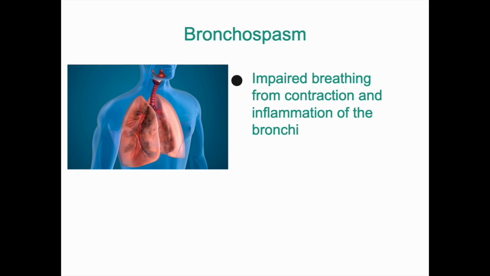A bronchospasm is a condition where the bronchi are constricted and become inflamed, and you can see in the image where there's a lot of inflammation, and that causes impaired breathing. So some of the signs would be wheezing, prolonged exhalation, decreased breath sounds, lower oxygen levels, increased airway pressure during ventilation, and hypotension.